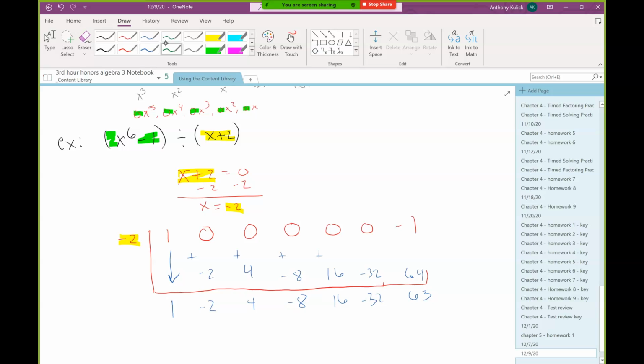So again, very fast, right? We did this very long division problem in like 15 seconds, which is wonderful. So again, we have remainder, constant term, x coefficient, x squared coefficient, and so on.